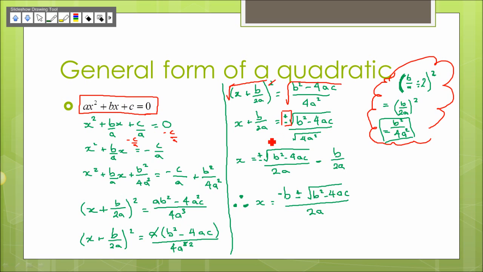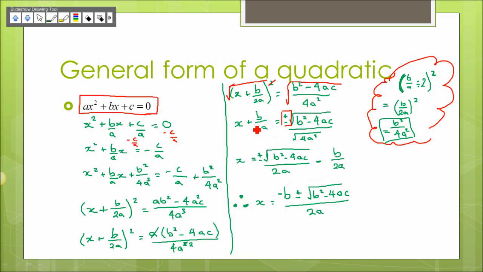Now what I did then was I simplified the denominator, because I noticed that on the bottom the square root of 4 is just 2, and the square root of a squared just cancels out the squared. So I was left with 2a on the bottom.